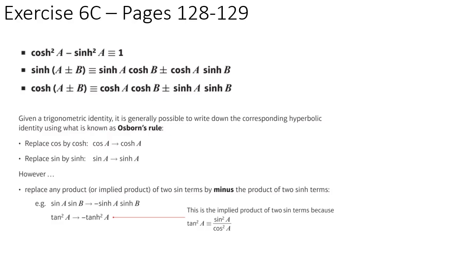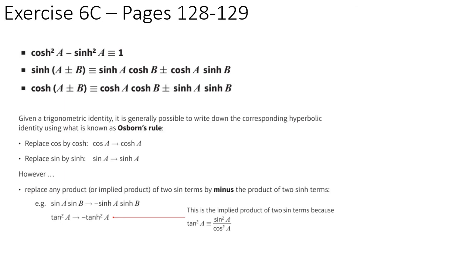Right, you should now be able to do exercise 6C on pages 128 to 129. The rules are there, and Osborn's rule is there as well.